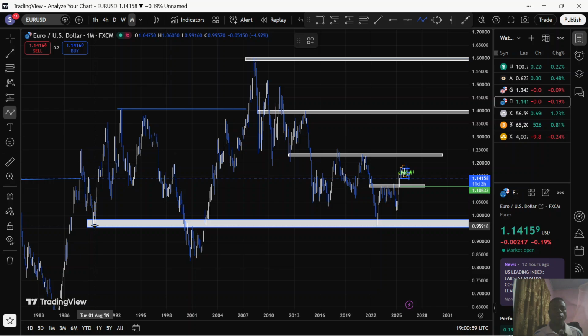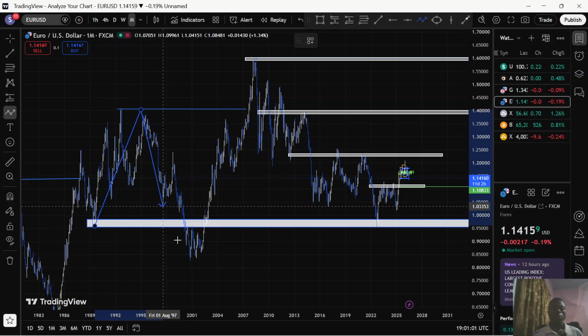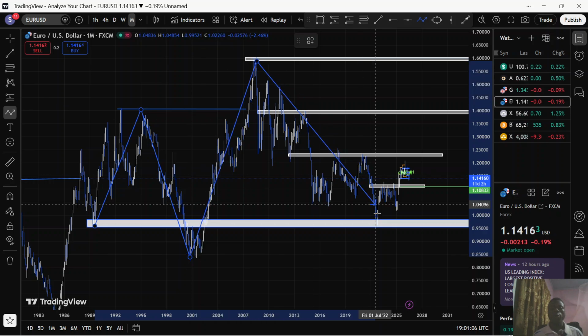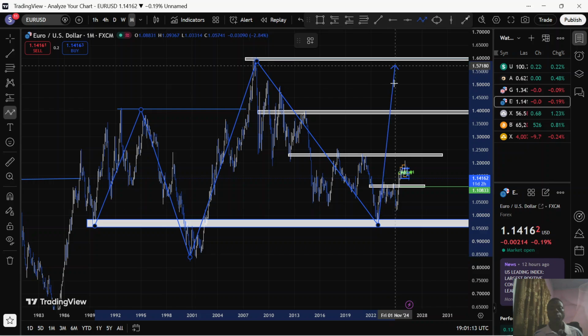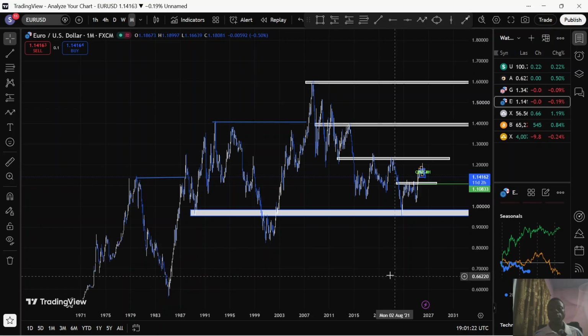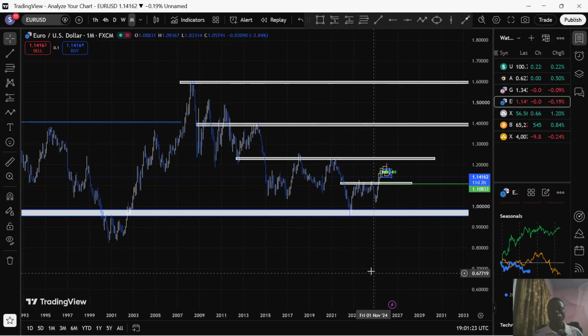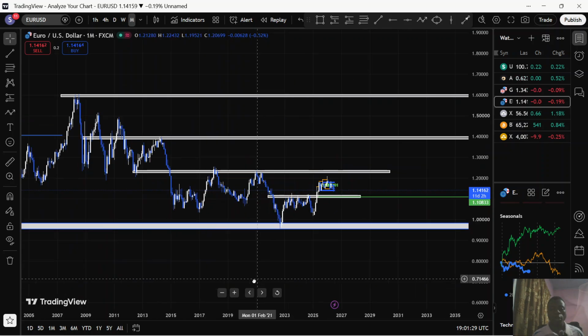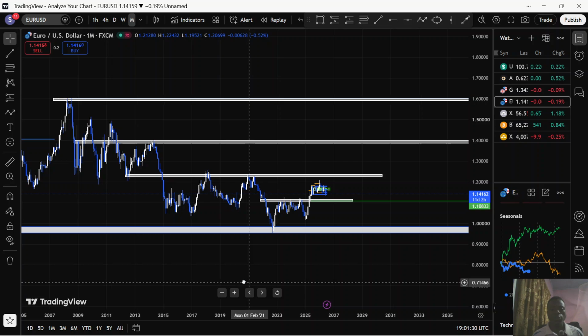You have the left shoulder, you have the head. Now we are coming to form the right shoulder. Most of you know about this chart pattern. This is the inverse head and shoulders. So for now, since I'm still favoring Euro USD to the upside, this is just what I have on the monthly. That's all.